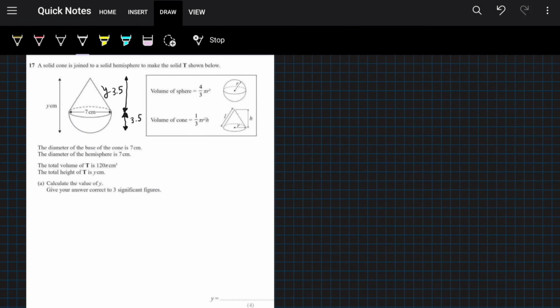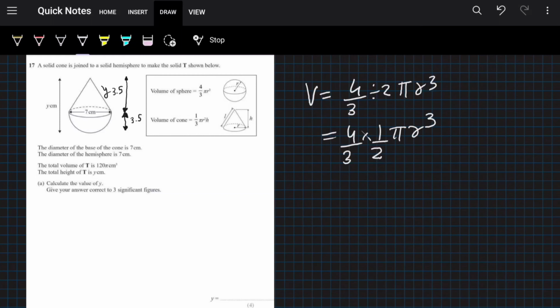Formula for volume of a sphere, but we are given a hemisphere, so we will divide it by 2. So volume is 4/3 times 1/2 pi r cubed, so 4/6 pi r cubed, which is the same as 2/3 pi r cubed, and that's the formula for the volume of a hemisphere.